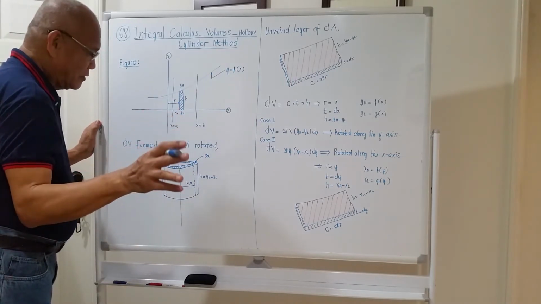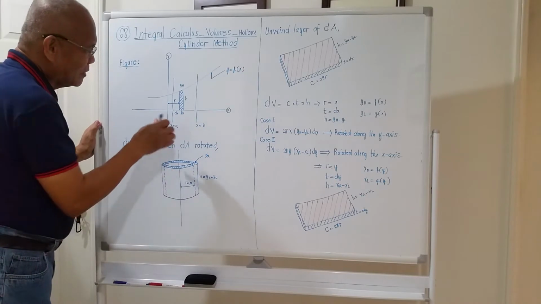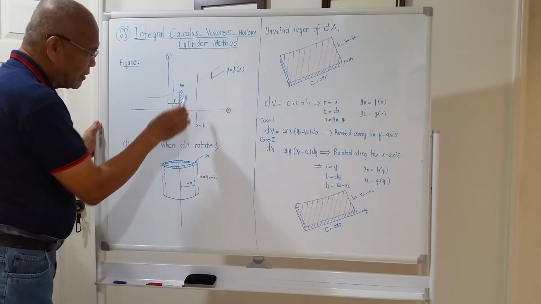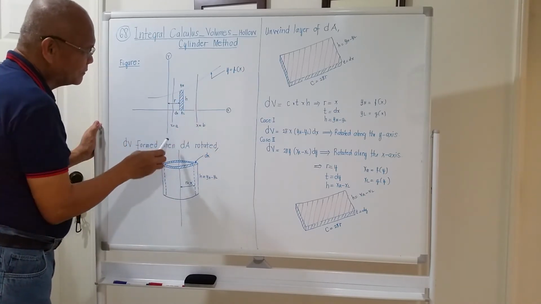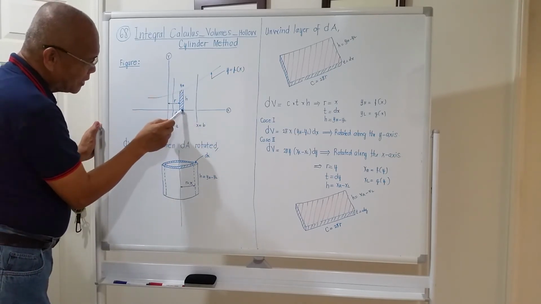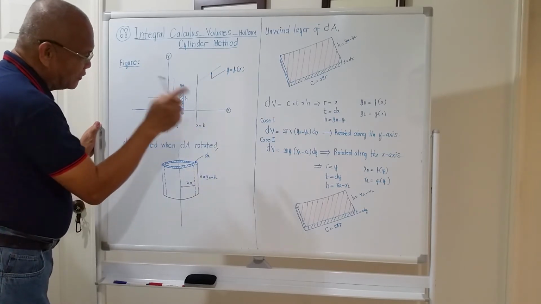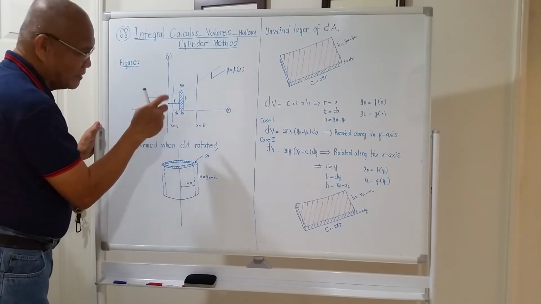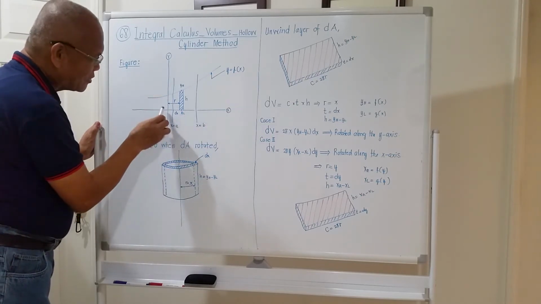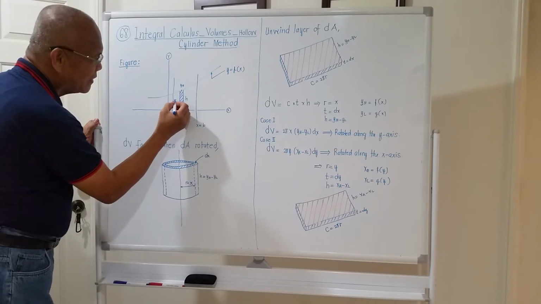So to bring out the formula on how to take the volume of that one, we will draw first a differential area. This is the differential area. This point here is y higher, this is y lower, the thickness is dx, and the radius of the cylinder with respect to the y-axis is designated by r.